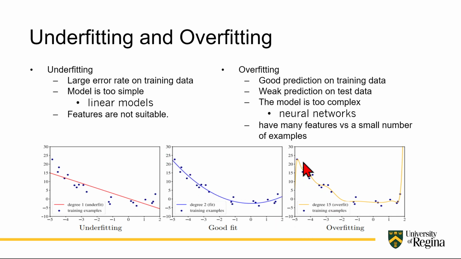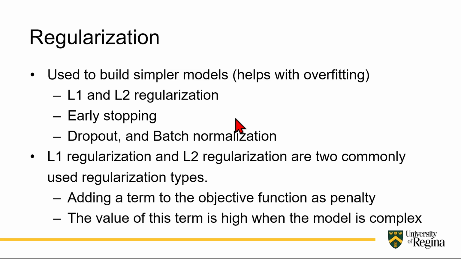An overfit is trying to match all those sample points, which is not great, because you can see at the beginning and at the end that the match causes the model to behave quite irrationally. If you have a lot of features with a small number of examples, this could also happen. So we want to avoid both of these.